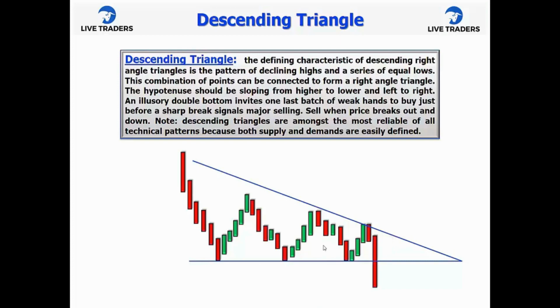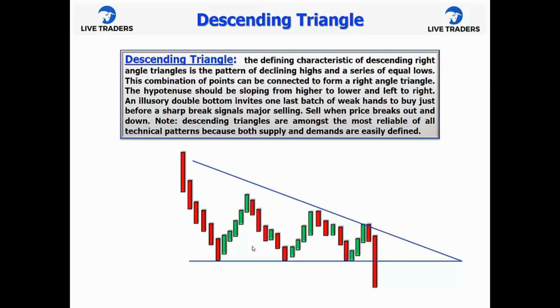The defining characteristic of a descending right angle triangle is the pattern of declining highs and a series of equal lows. The combination of points can be connected to form a right angle triangle. The hypotenuse should be sloping from higher to lower and left to right. Okay, so that's what it is.